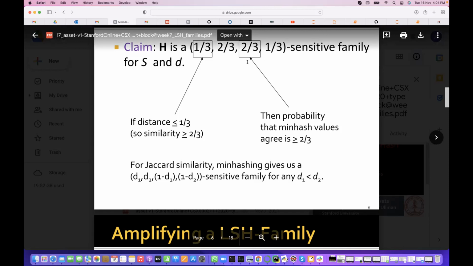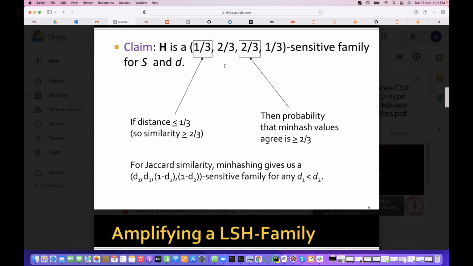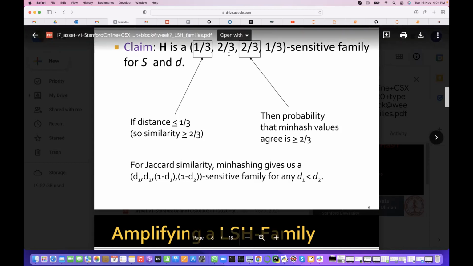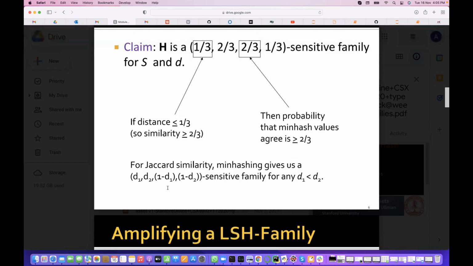So if the distance is less than 1/3, the probability of agreeing is more than 2/3, which means 2/3 is a lower bound. At maximum they agree only 1/3, which means 1/3 becomes an upper bound. For Jaccard similarity, min hashing gives us a (D1, D2, 1-D1, 1-D2) sensitive family for any D1 less than D2.